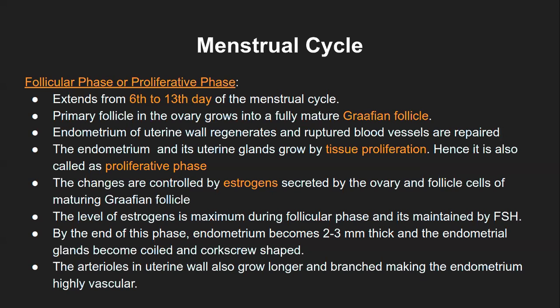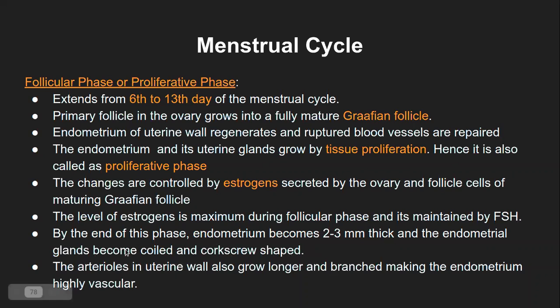But in general, if a female is undergoing heavy bleeding or even very little bleeding, both are equal concern. So in general, the endometrium grows up to 2 to 3 mm in thickness, and the endometrial glands become coiled and corkscrew shaped.